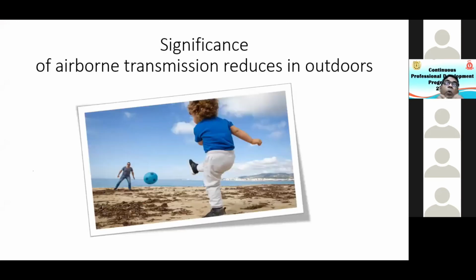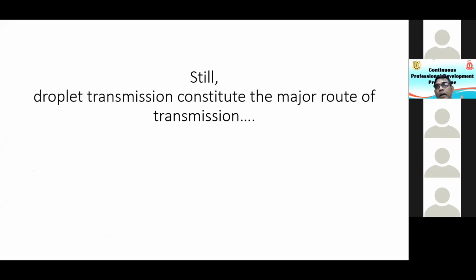So the risk posed by airborne transmission is reduced outside. Still, from the knowledge that we have about the transmission dynamics of the outbreak, we can say droplet transmission is the major mode of transmission. A recently concluded study reveals that the contribution from droplet transmission is 90%. The fomite transmission and airborne transmission account for 10%. So if we have means of prevention of droplet transmission, we can reduce the spread of outbreak.